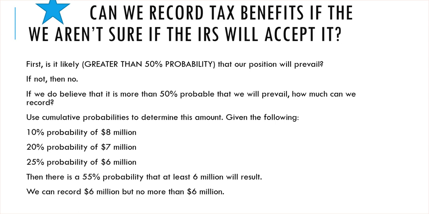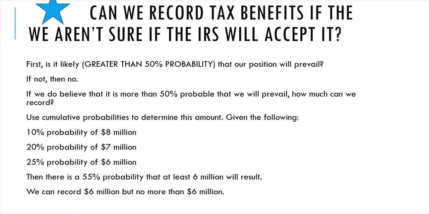But no, of course, we don't do that with GAAP. In GAAP, we say, when do we get to the 50% threshold? If there's a 25% probability that we will collect 6, and there's a 20% probability that we'll collect 7, and a 10% probability that we'll collect 8, you need to add down and come up with a cumulative probability of 50%.